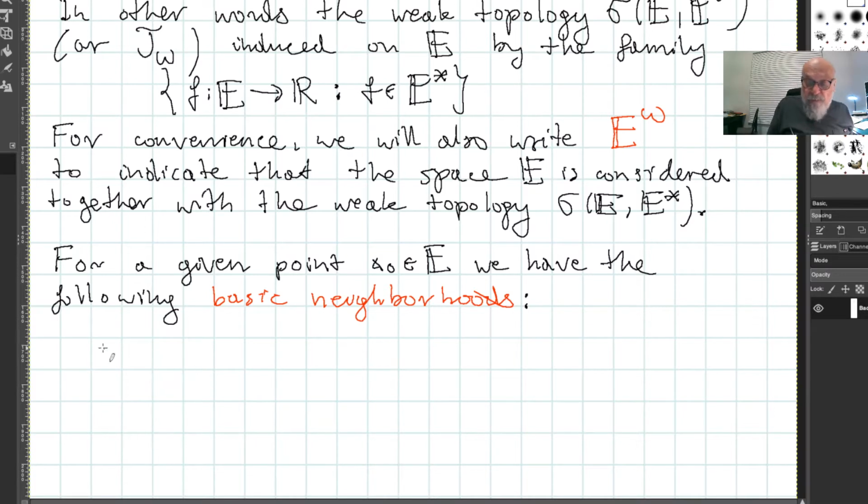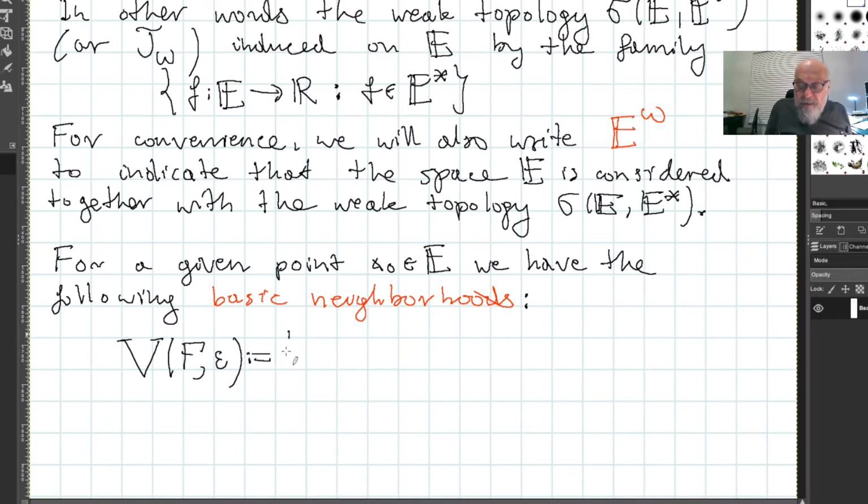These neighborhoods are the following. V stands for the open set V(F, epsilon). Here F will be a finite set of functionals, and epsilon will be a positive real number.